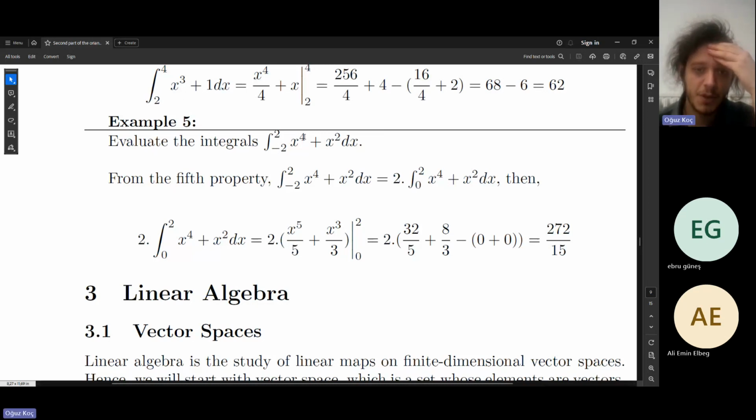Since the fourth power of x and the second power of x are both even functions, the summation of those functions also creates an even function.